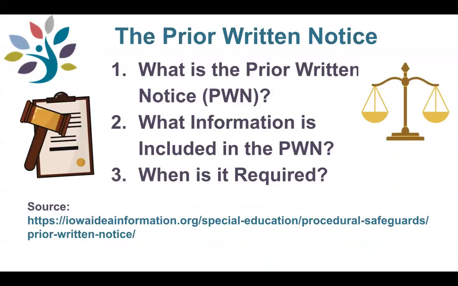What is the prior written notice? A prior written notice is a summary of the IEP meeting. What information will be included on it? It will include what is being proposed and rejected by the IEP team. Why were the changes or the proposals made, and why were they rejected?